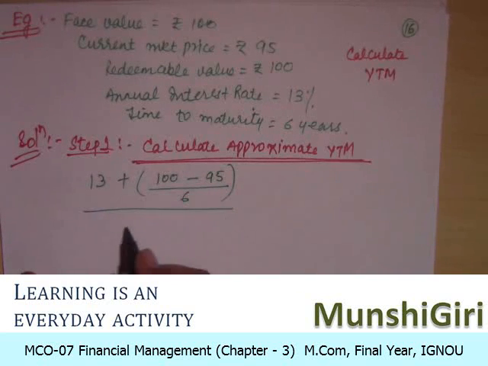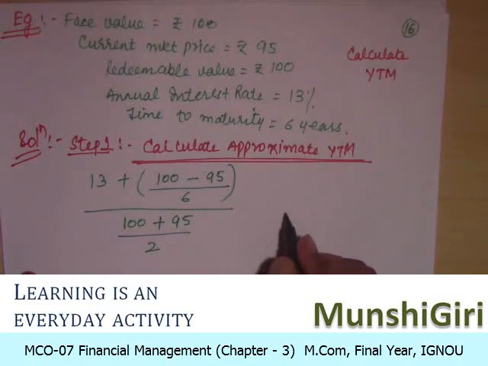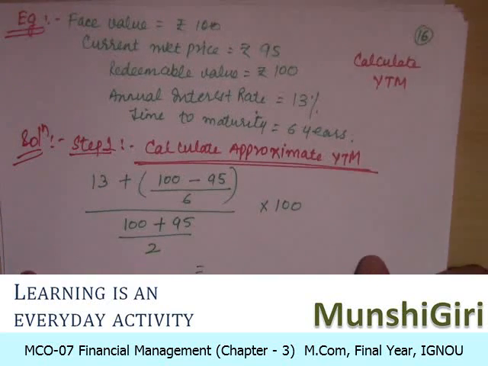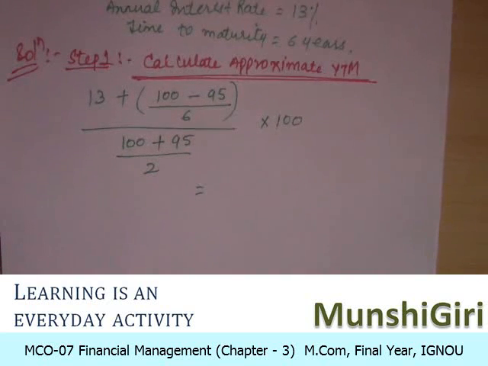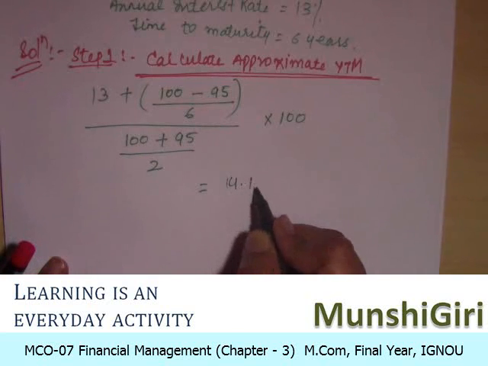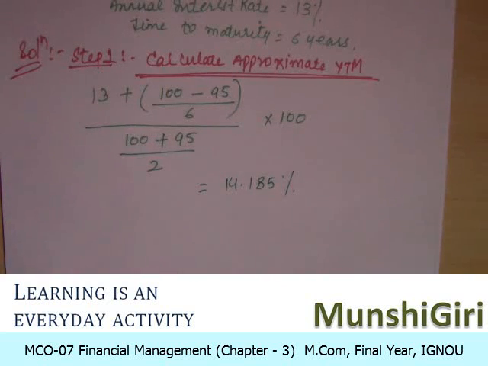The whole thing is to be divided by redeemable value 100 plus market price 95 divided by 2, into 100. So the approximate yield to maturity comes out to be 14.185%.